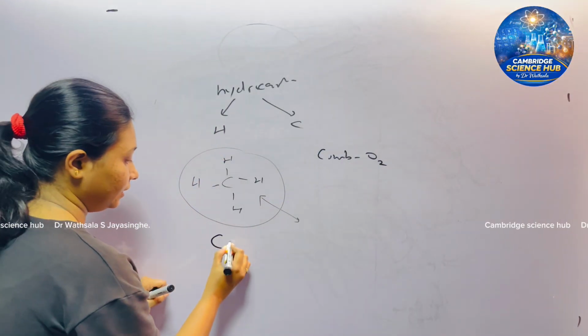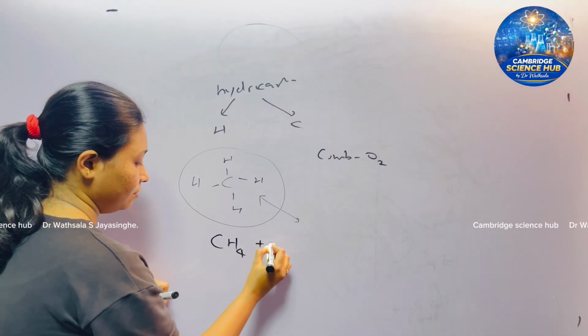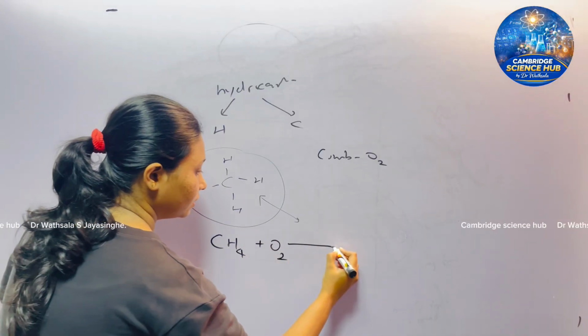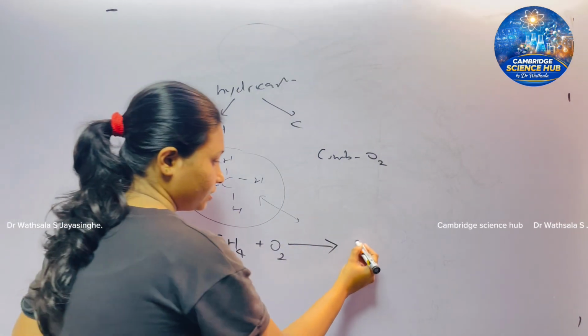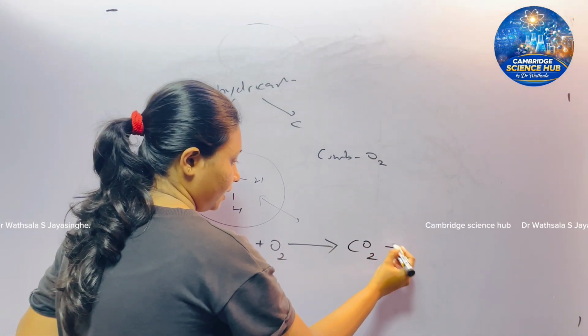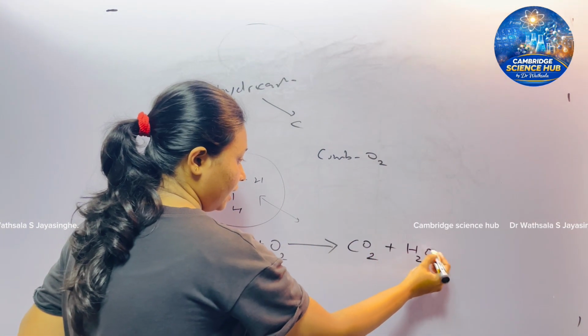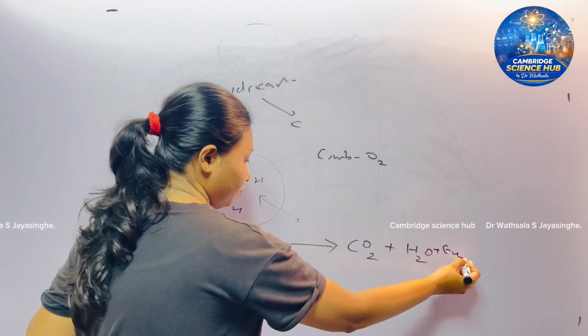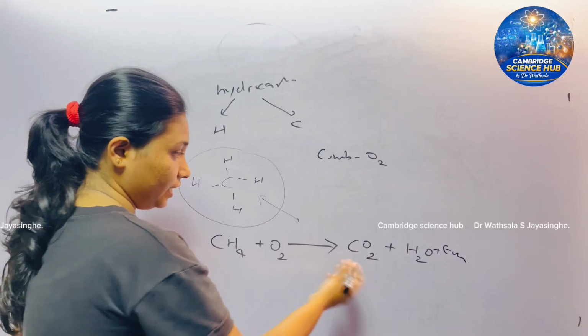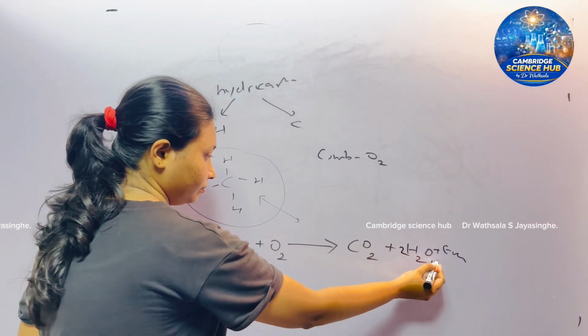When methane is burnt with oxygen, they will produce what? Carbon dioxide and water, and they release a huge amount of energy, plus energy will be released. So we have to balance the formula.